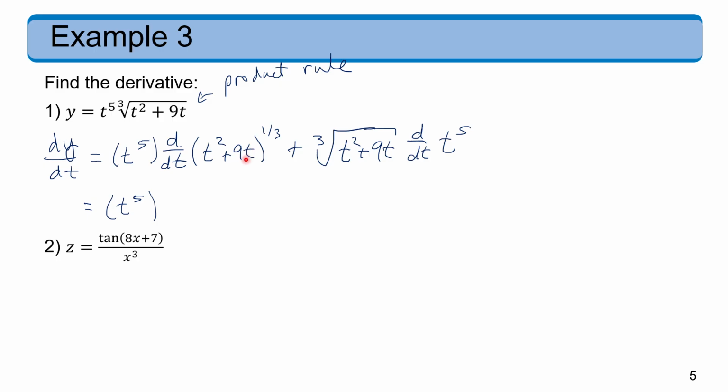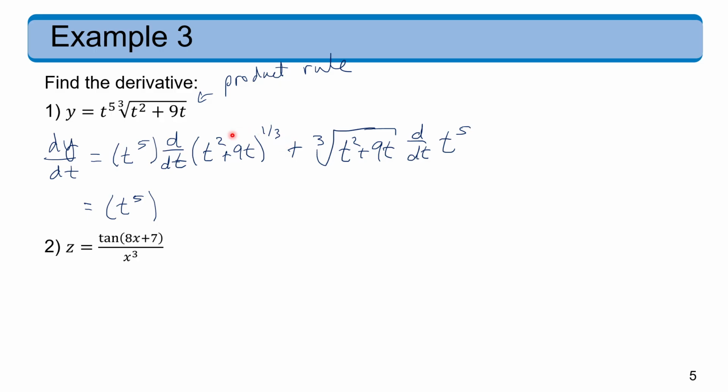Because if this were just t to the 1/3, that would be a power function, and we know how to take its derivative. But we have something in place of t. That's the inside part. Okay, so we just identified the inside part as what's in the parentheses. So the outer function is like t to the 1/3. If we just had a t here, right, that tells you what the outer function is, t to the 1/3. And we recognize that again as being a power function, so we use the power rule.